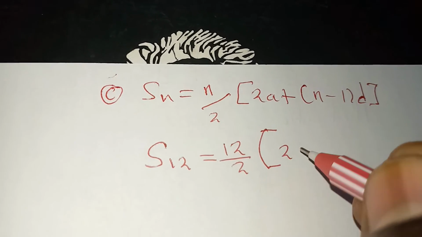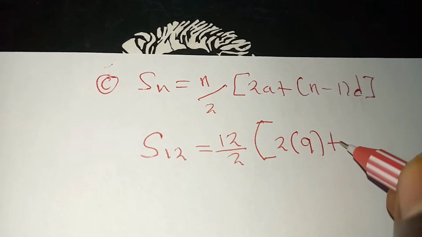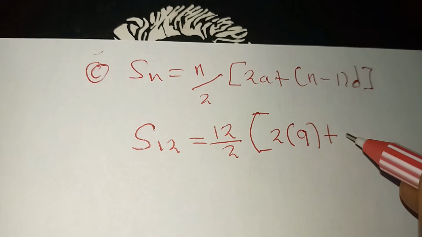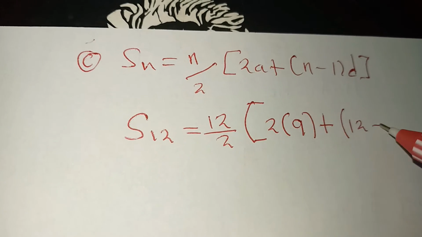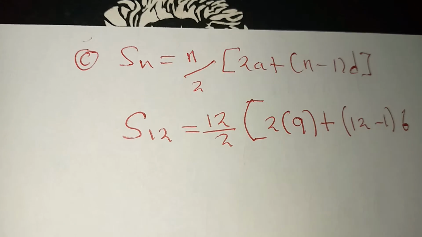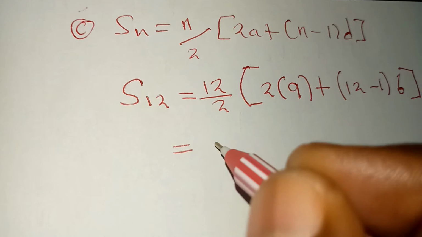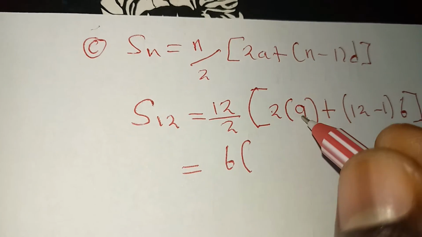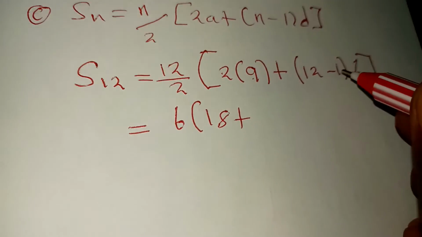Block brackets 2, the first term that we have in our sequence there, it is 9 plus open bracket, there at n it is 12 minus 1. The common difference that we had is what? 6. We do that. Then this will be 2 into 12, it is 6. 2 times 9, that is 18, plus 12 minus 1, that is 11.